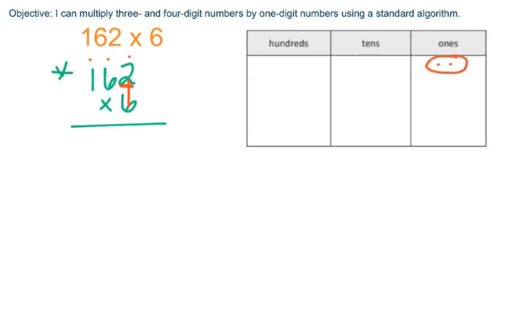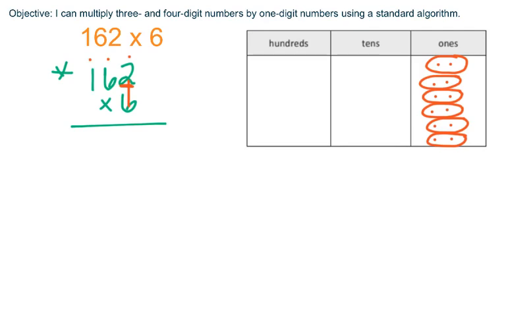So 1, 2, 3, 4, 5, 6. Just double checking, I've got 6 groups of 2. If I count all of those up, 6 times 2 is 12, so I should have 12 place value discs in here.